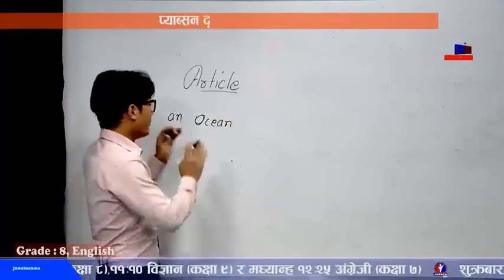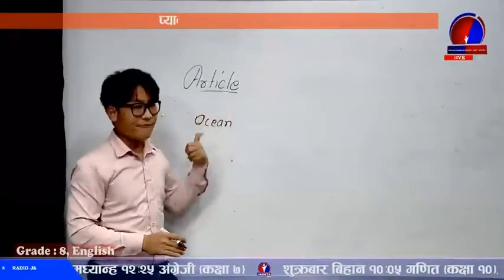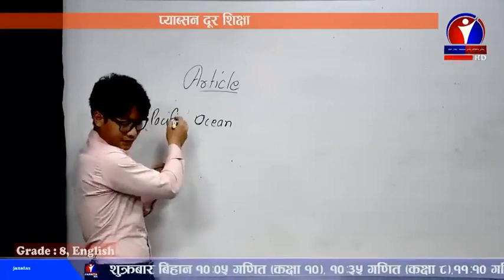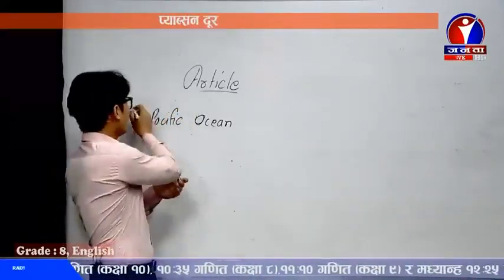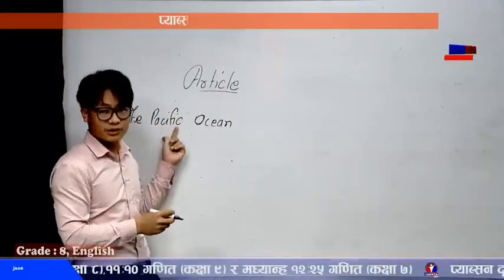But if there is a name of ocean like the Pacific Ocean, then you must be sure that there should be the article, because here is the name of ocean.